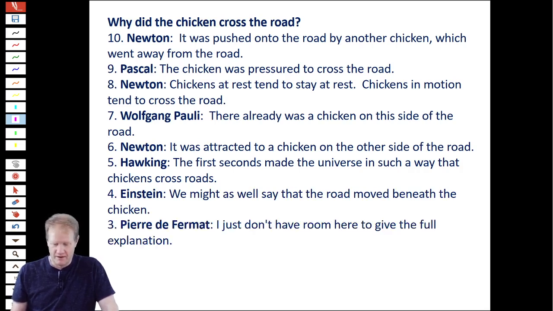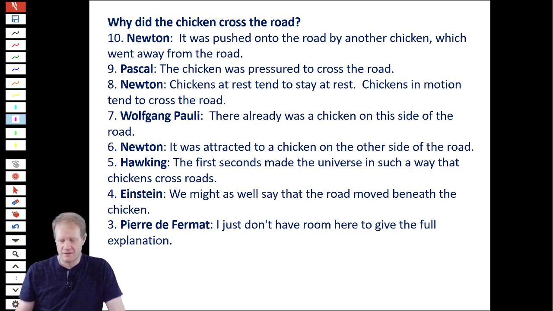Number 3, Pierre de Fermat, famous for Fermat's last theorem. He says, I just don't have room here to give a full explanation. So he claimed to have proven his theorem, which was not proven until the 1990s and took over 200 pages. And he said that he could prove it, but he just didn't have room to write down and include the proof. So no one believes that.